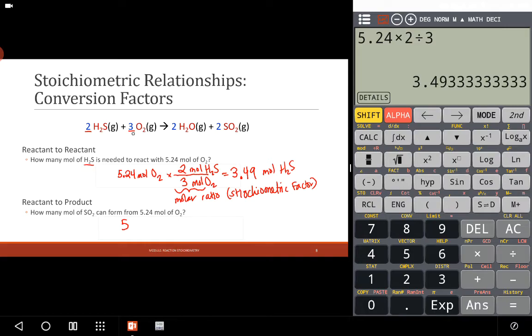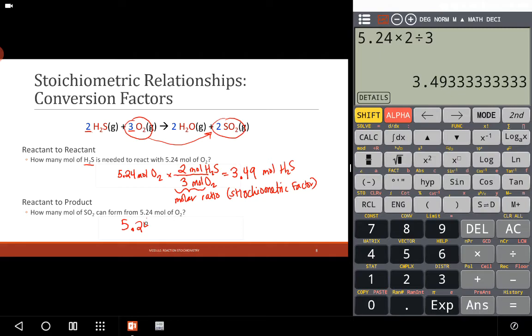For our next one, we're asked to find how many moles of SO2 can form from 5.24 moles of O2. So now we're comparing these two. Before we were comparing those two.